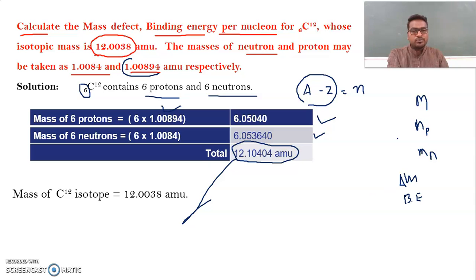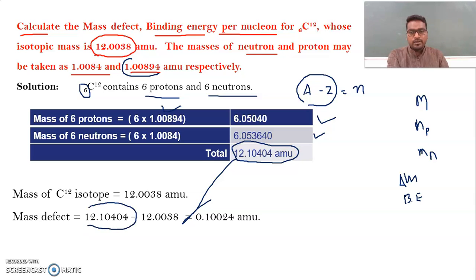We also know the mass of C12, that is 12.0038. So the mass defect is given by the total mass of nucleons minus this, so it gives 0.10024 AMU. This is the mass defect.